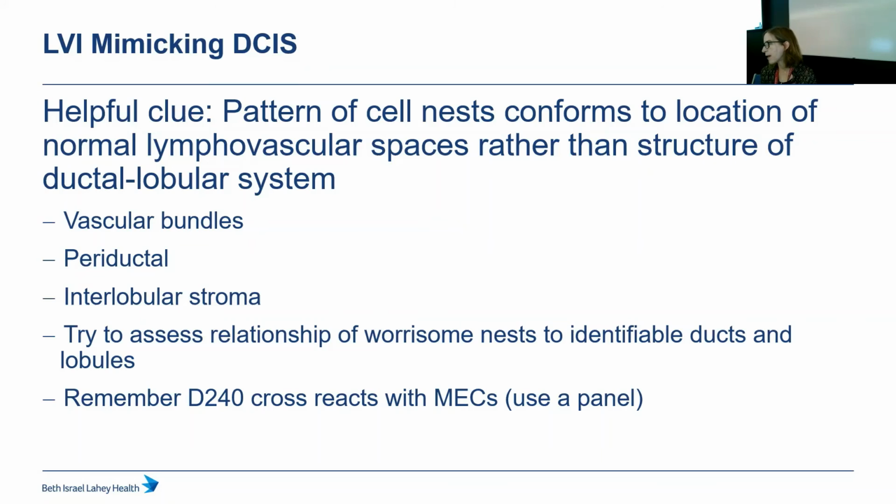So I always pair it with P63 or smooth muscle myosin heavy chain, some other myoepithelial cell marker, to be sure that if that is staining as well as the D240, then I'm dealing with DCIS. If the myoepithelial cell marker is negative, the D240 is positive, then I'm dealing with LVI. And I guess if they're both negative, then I'm dealing with invasion. So it can be very, very tricky.